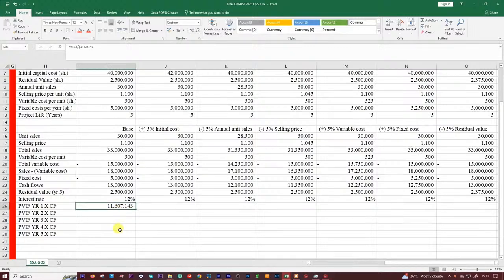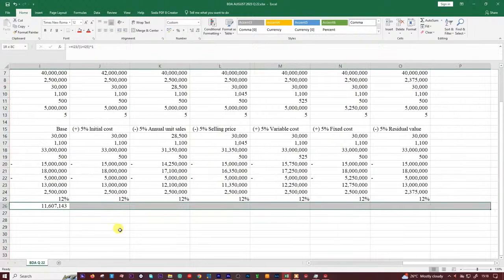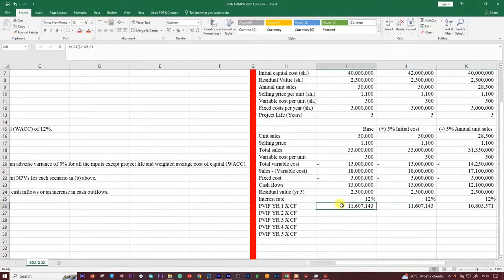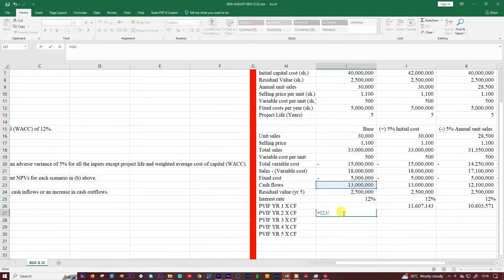So once we have that, we shift, Control R. That is year 1. Notice what I've done over here. You can see even the formula is power 1. So here I'll do power 2, power 3, power 4, and so on and so forth. Because I want the cash flow, it's going to be plus that value over 1 plus that one, power 2.